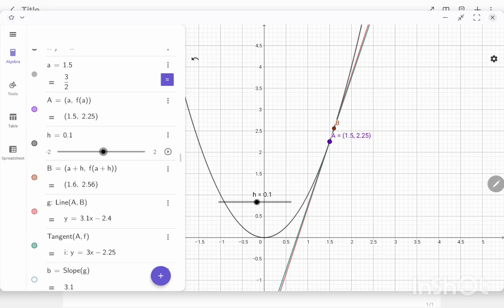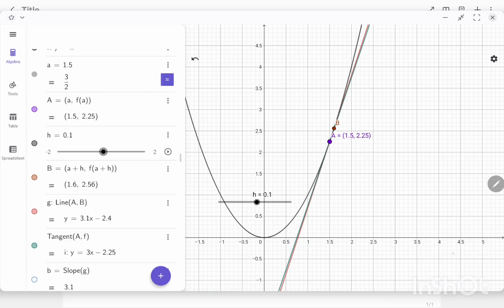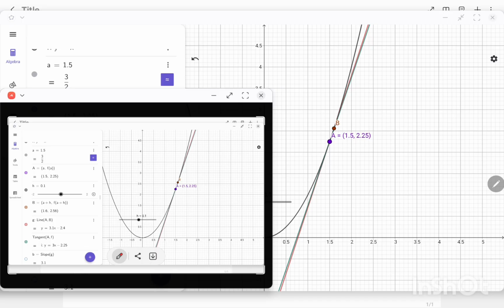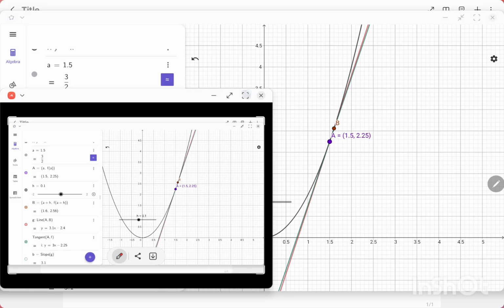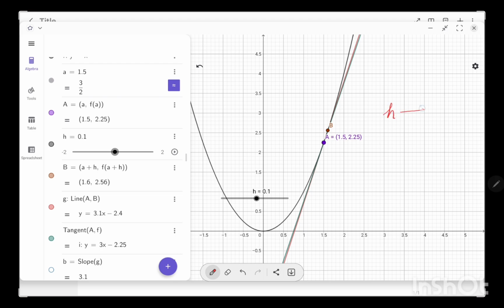So it can be understood now that the slope of the tangent at A is approached as h approaches 0. That is the point we are understanding here. When h approaches 0, we can understand two things.